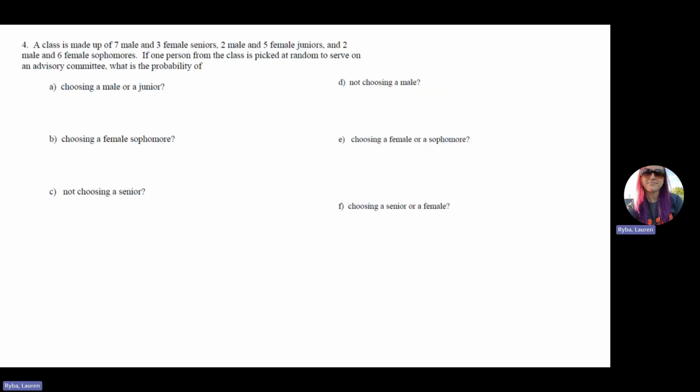This is going to be another two-way table, except that it gives it to me in word problem form. So I'm going to create my table from my information. A class is made up of 7 male and 3 female seniors. Okay, so I have a male and female that are seniors. 7 male, 3 female. 2 male and 5 female juniors.